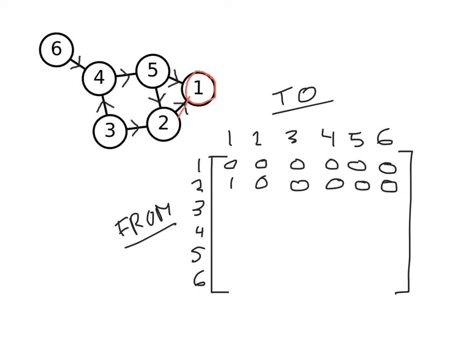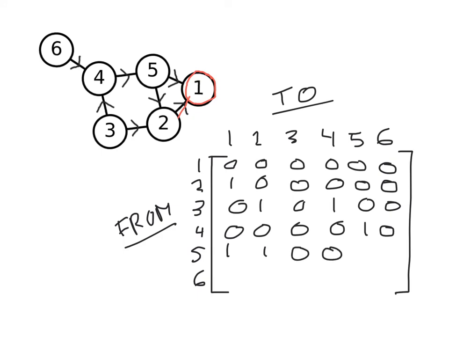Where can I get from node 3? I can get to 2 or 4. From node 4, I can only get to node 5. From node 5, I can get to 1 or to 2. From node 6, I can get to node 4.